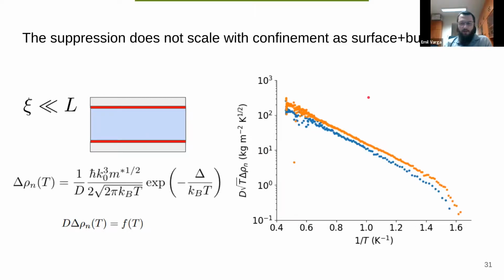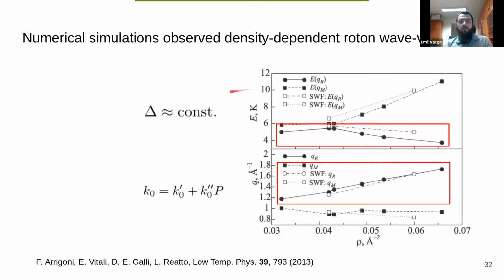And we can get a clue to what this is from numerical simulations that, for example, were done by the group of Professor Reatto a couple of years ago, where they saw a similar behavior in their Monte Carlo simulations, where the roton gap is a very weak function of the density of the layer that they simulated, but the roton wave vector was linearly increasing.